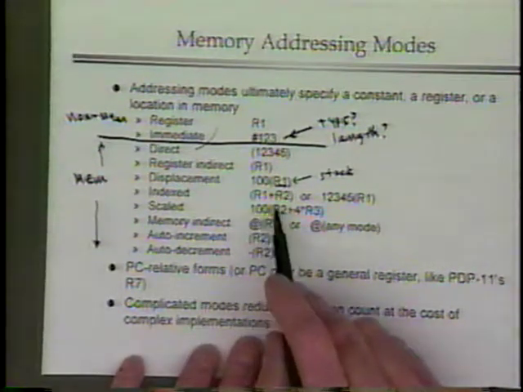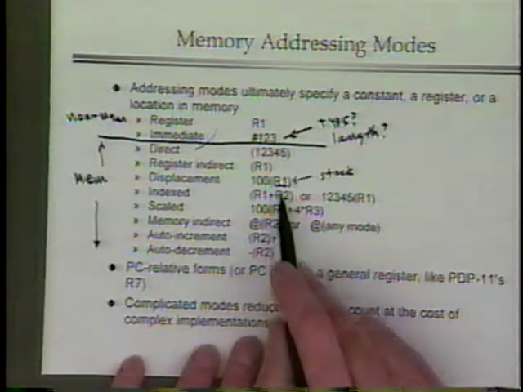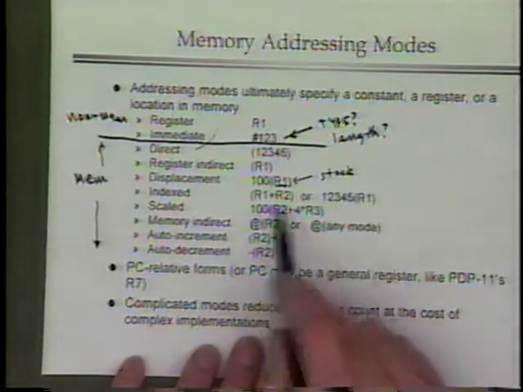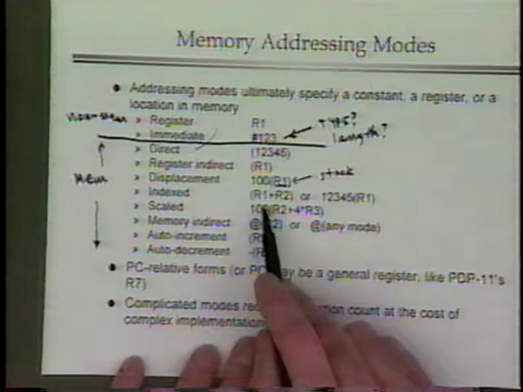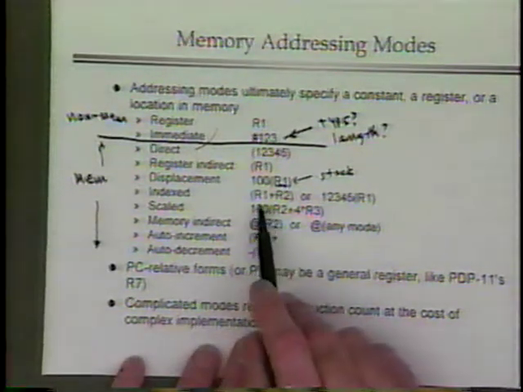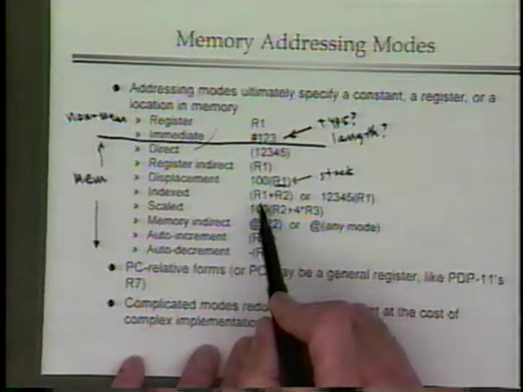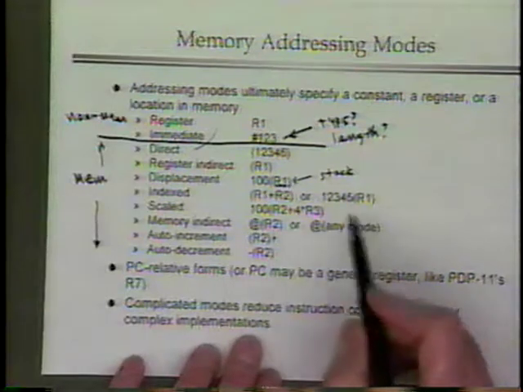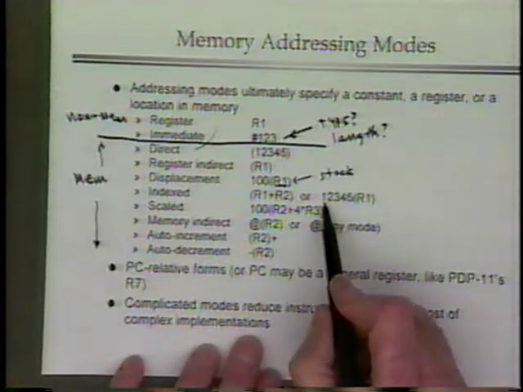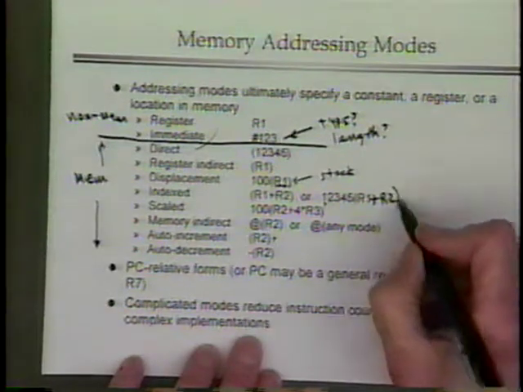The next elaboration over that is adding the contents of two registers together, either with or without a displacement, which is to say either with a displacement of 0 or not. No, actually, I said that wrong. You can do index in several different ways. One is that you can add the contents of two registers together. The other way is that you can add, I guess I said it right, and in fact the notation is wrong here.